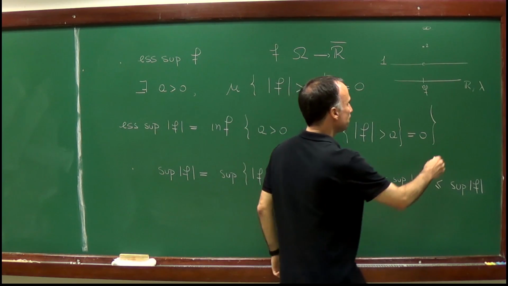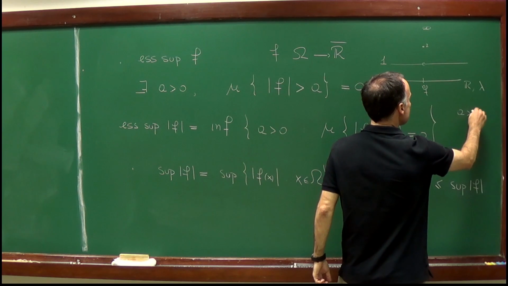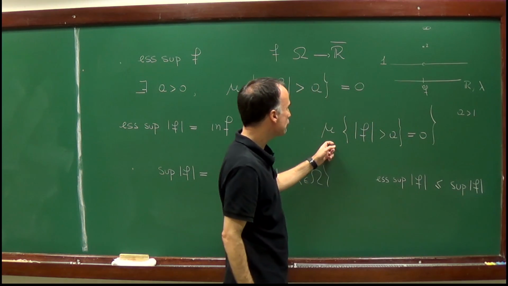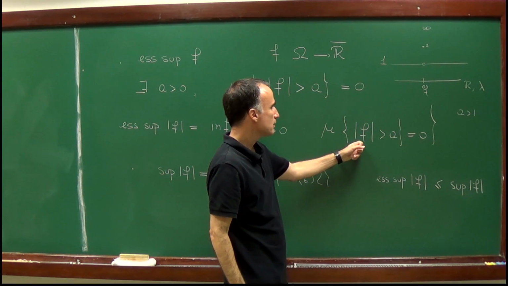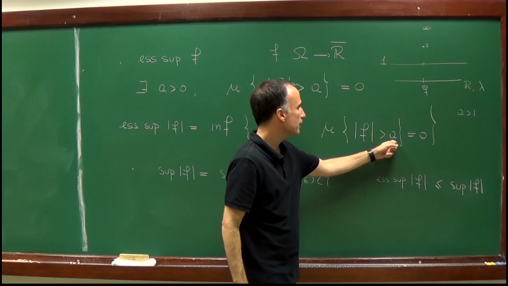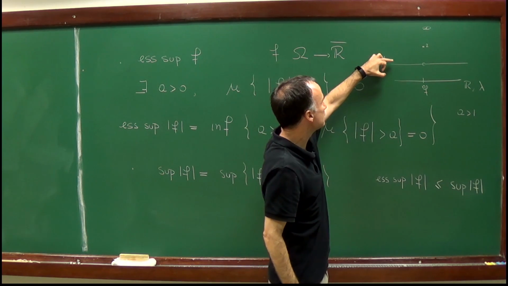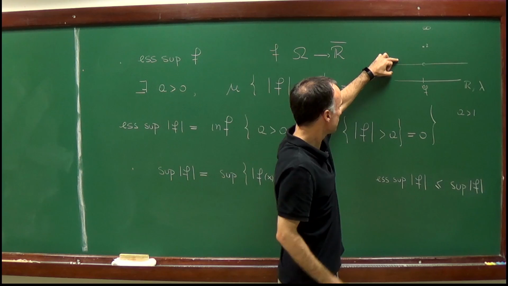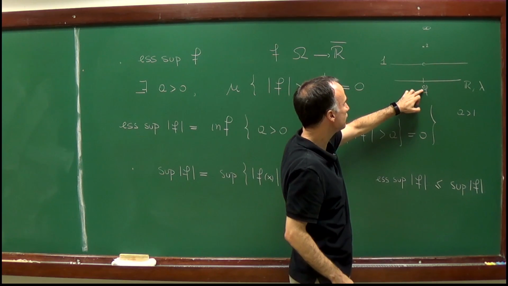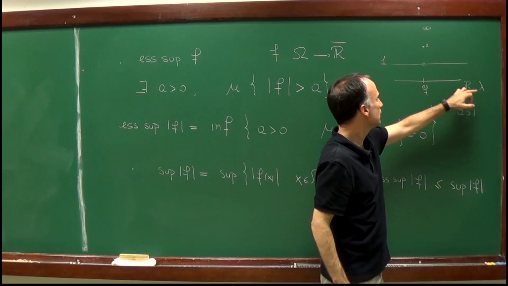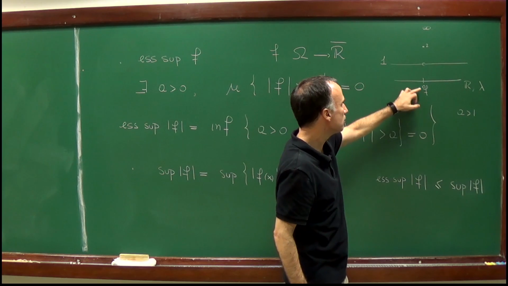So if a is larger than 1, and you take the measure of all points x such that f(x) is larger than a, well, this set corresponds to the origin, and the Lebesgue measure of the origin is 0.